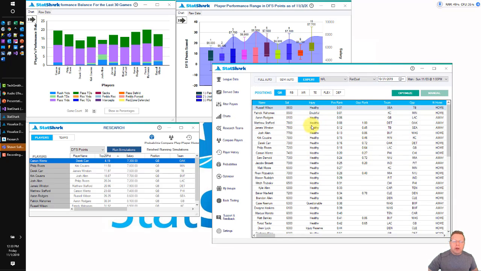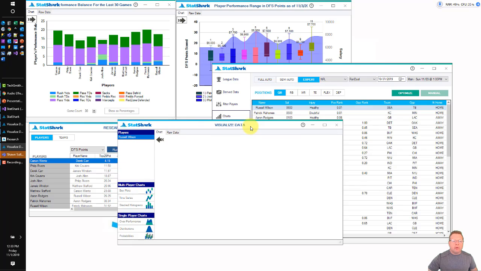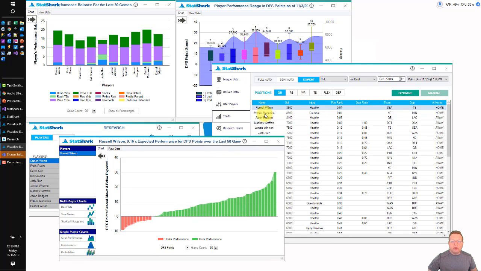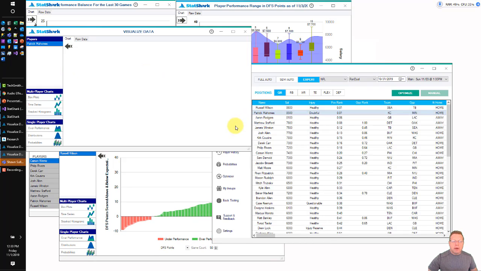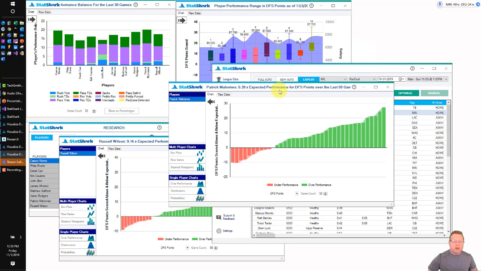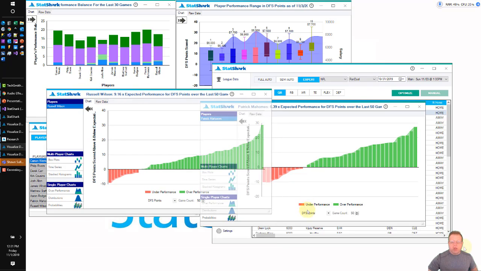So real quickly, what I'm going to do is I'm going to do an individual chart now on Russell Wilson's performance, and I'm going to look at overperformance of DFS points compared to Patrick Mahomes. We're going to go overperformance of DFS points here, and you can see they're actually quite similar.